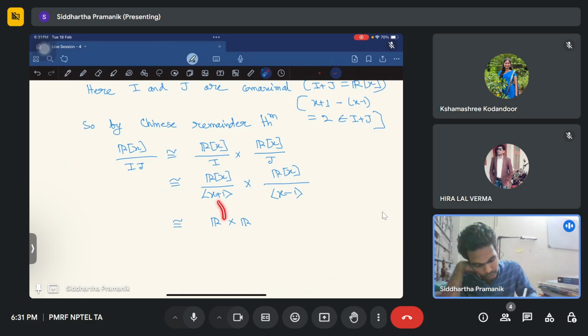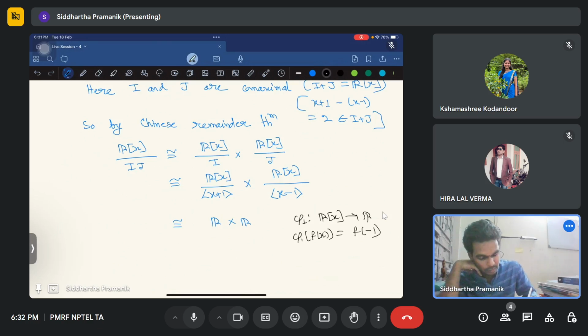So for this one, take phi 1 from R[x] to R, phi 1 of f(x) evaluated at -1, and similarly define phi 2 evaluated at f(1).